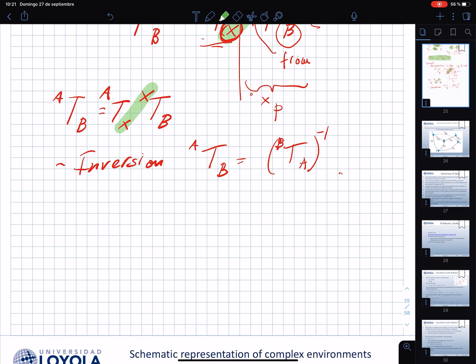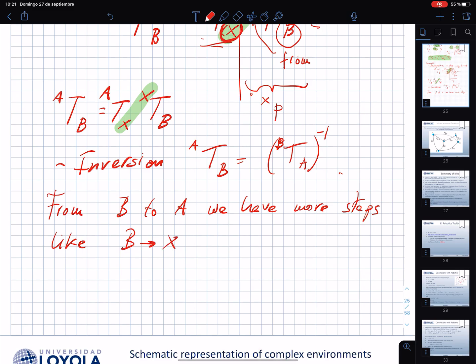If from B to A we have more steps, first we should go from B to X, then we should go from X to Y, then to A. Then the composition would be, and I think that there will be no trouble with you if I write the whole thing in a row, TBX, then TXY, then TYA.